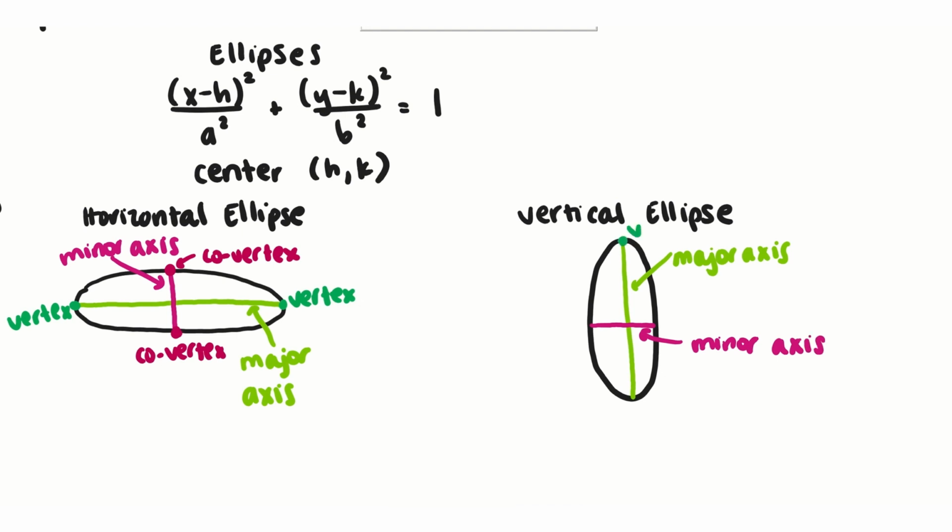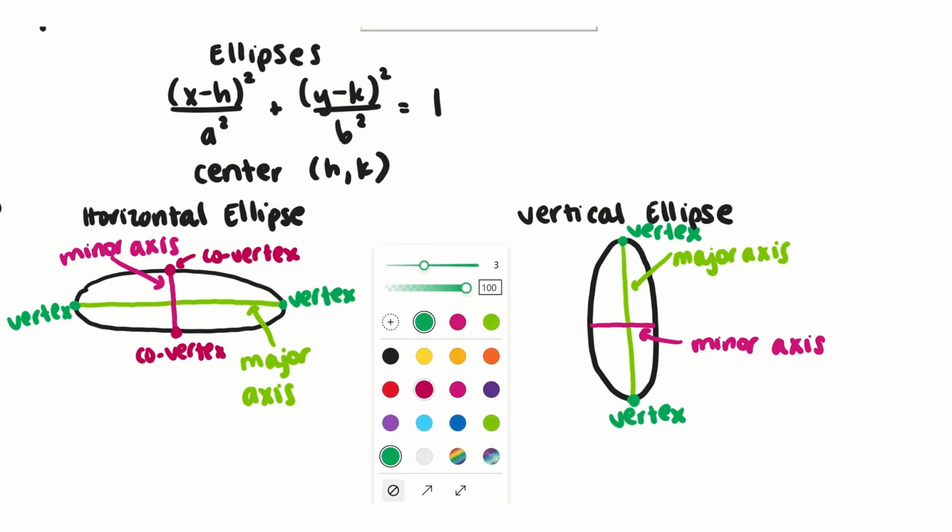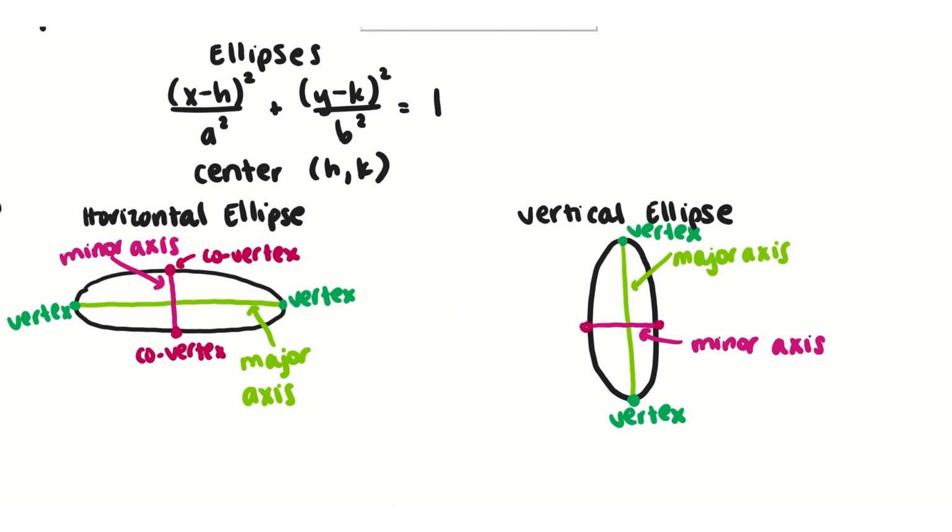Once again, we will have each vertex on the major axis, and then each co-vertex will be the endpoints on the minor axis. And for both of these, the center will be right in the middle.